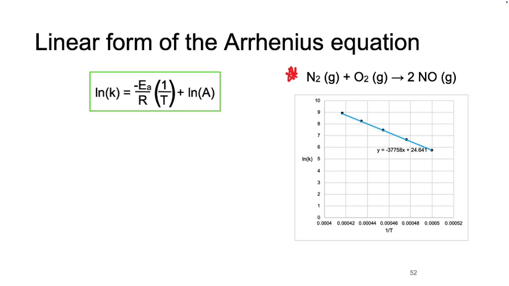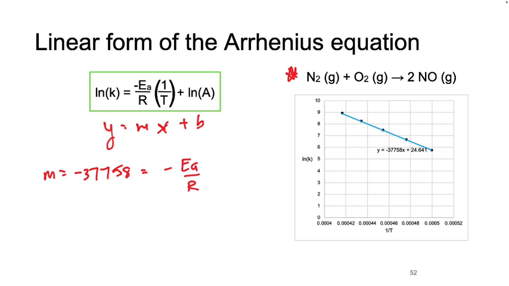Yay. There it is. So what I could do is now look at this plot, and I can recognize that I'm in the system y equals mx plus b. That's an x. The slope of the line, straight off my plot, was negative 37758, and that is equal to negative activation energy over R. Do I know what R is?